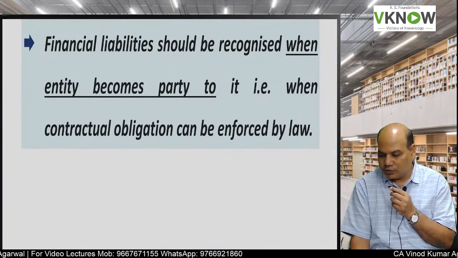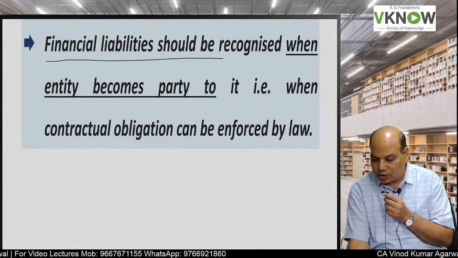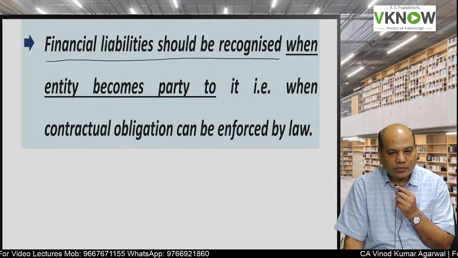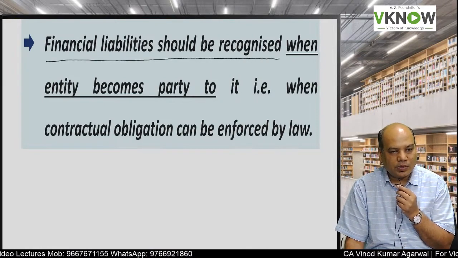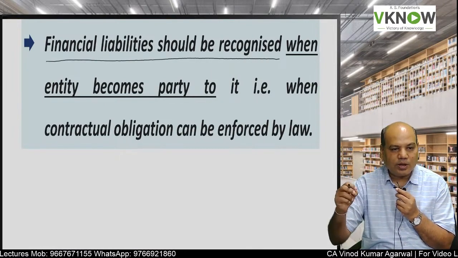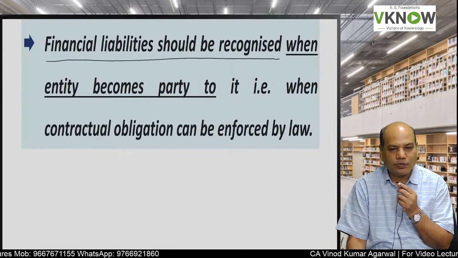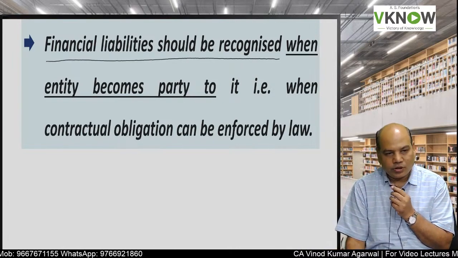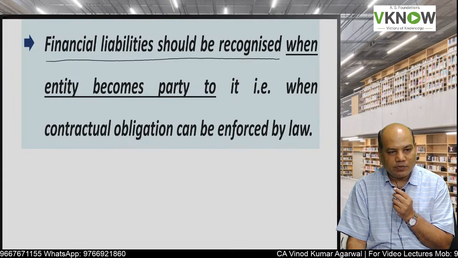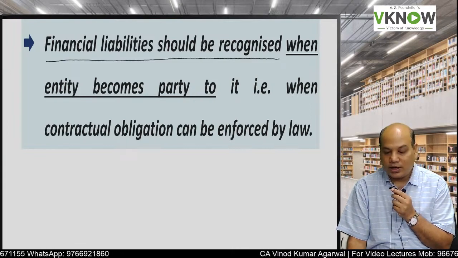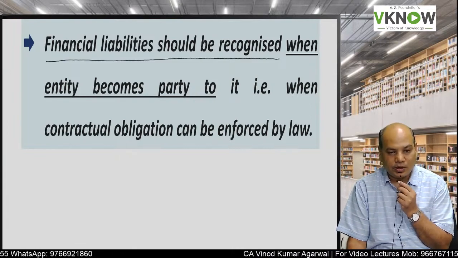Now the next question is, when should financial liability be recognized? When should the liability be brought into the books of account for the first time? The answer is, financial liability will be recognized when the entity becomes party to it.